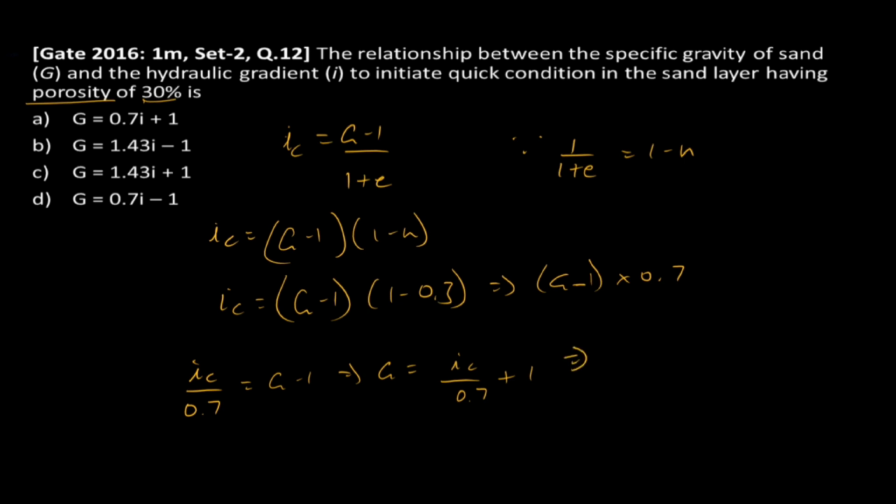So in turn we get G is equal to 1.43 IC plus 1. And if you see the options, option C is the right answer.